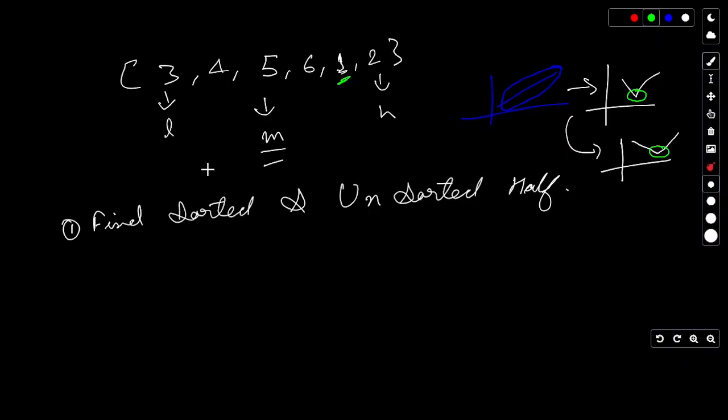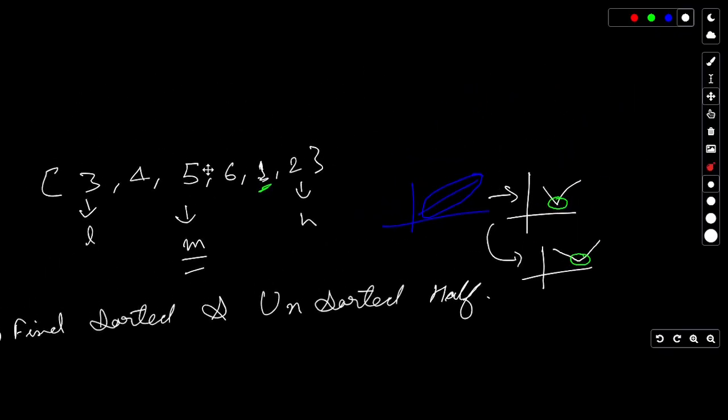If we make a graph of this array, the kind of graph that I can make is like this: 3 4 5 will go ahead, and 6, and then suddenly there is a drop. We will go here, and then a 2. So this is the pivot point within this array. Okay, then it's fine.